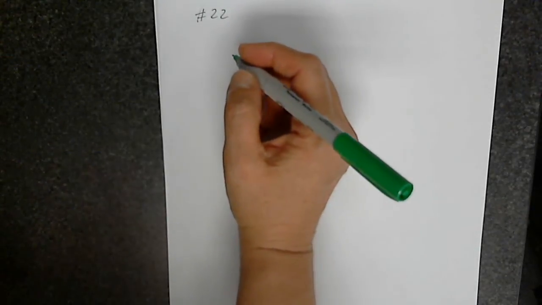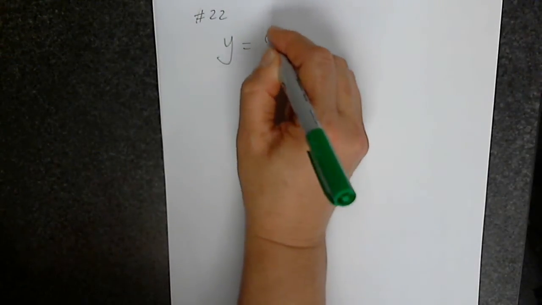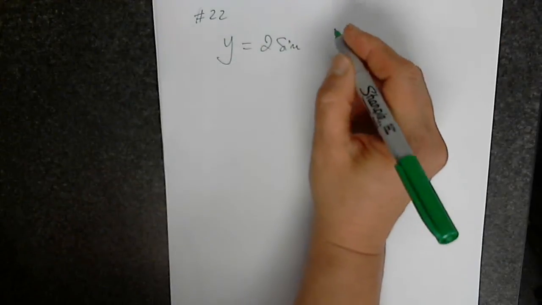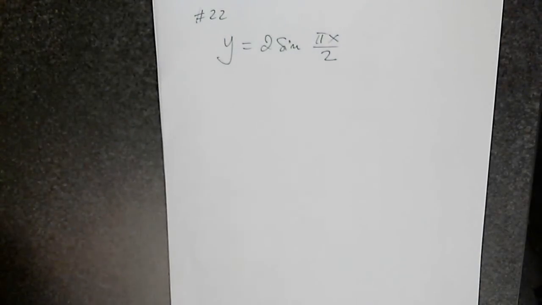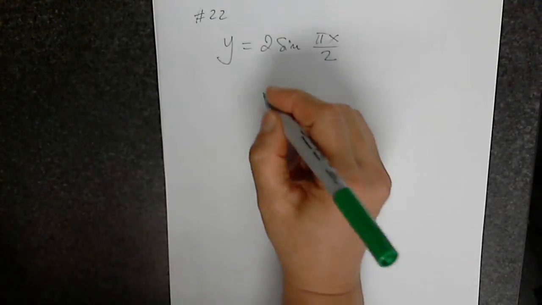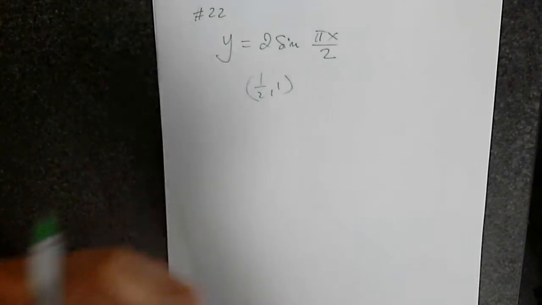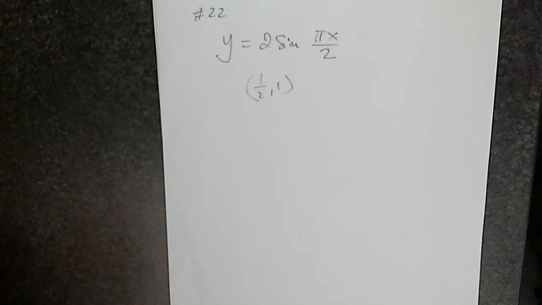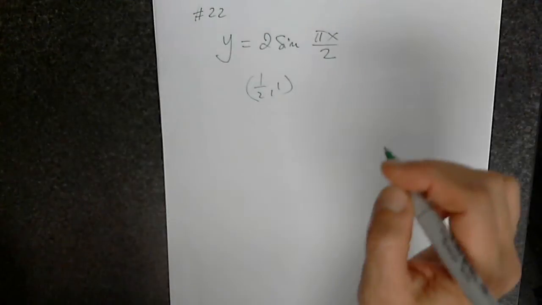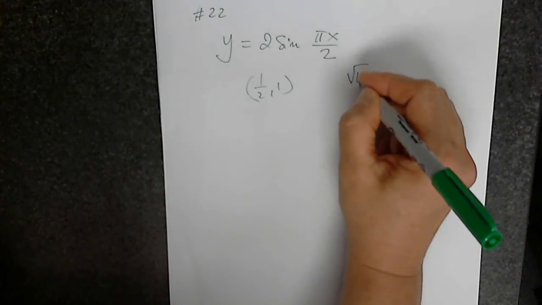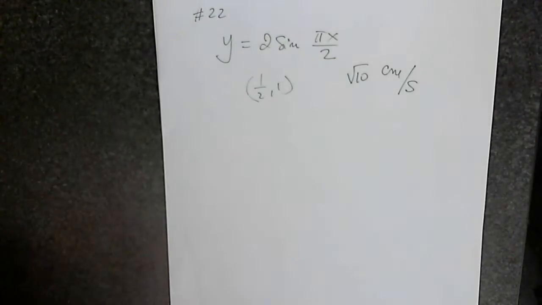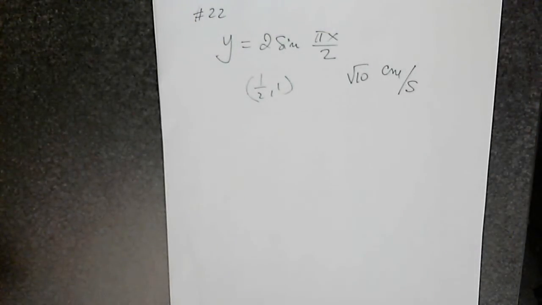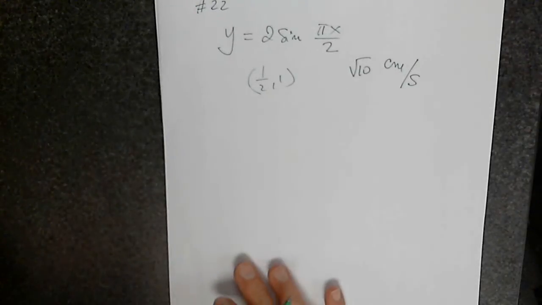A particle moves along the curve y equals 2 sine of pi x over 2. As the particle passes through the point (1/2, 1), its x coordinate increases at a rate of the square root of 10 centimeters per second. How fast is the distance from the particle to the origin changing at this instant? Sounds difficult.